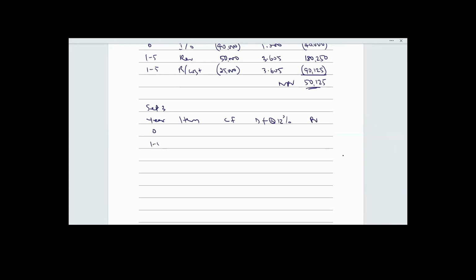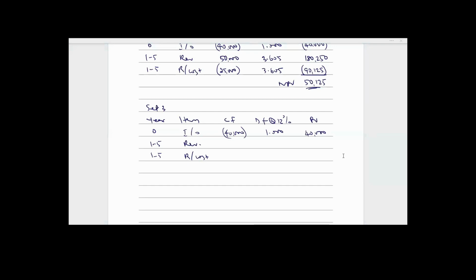Here 0, 1 to 5. Initial outlay, revenue, running cost. 40,000. So I will go to set 3.